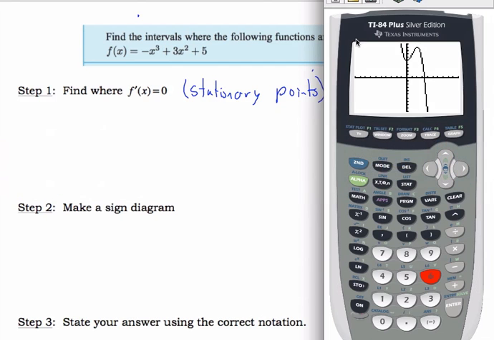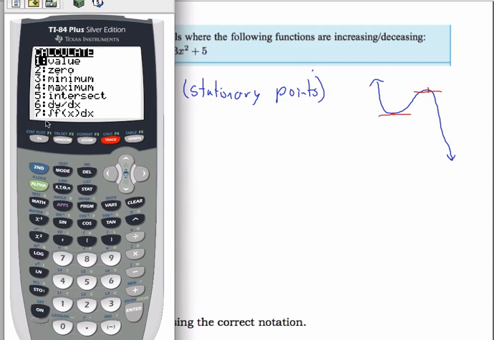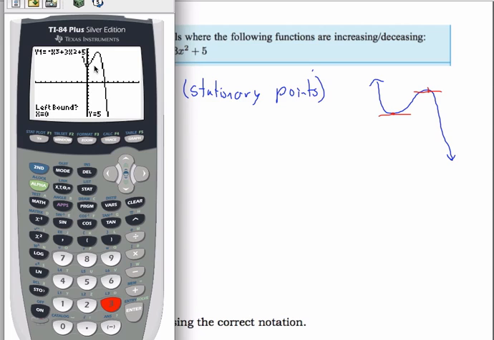We can, on our graphing calculator, find the maximum and the minimum points using second function, trace, and we'll go to 3 for minimum, and we'll get this point right here. We go to the left of that minimum value, then to the right of that minimum value, guess right at the minimum value, and then we get this.